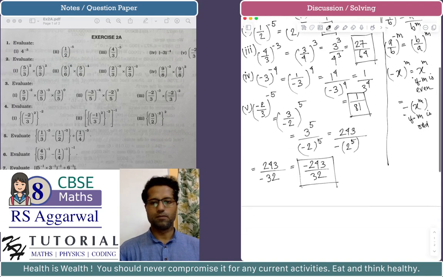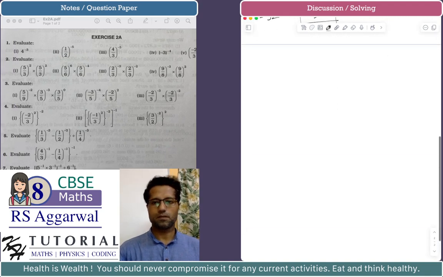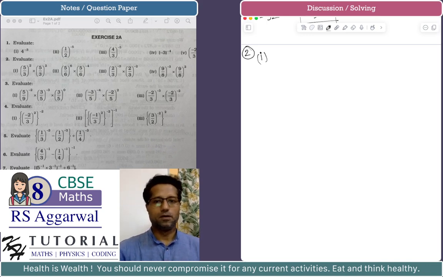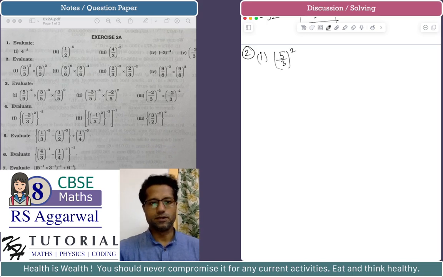Let's start problem number 2. Evaluate. Okay, so these are also evaluation of some expressions involving exponents of rational numbers. So part 1 is 5 by 3 whole square, that is raised to the power 2, multiplied by 5 by 3 raised to the power 2.